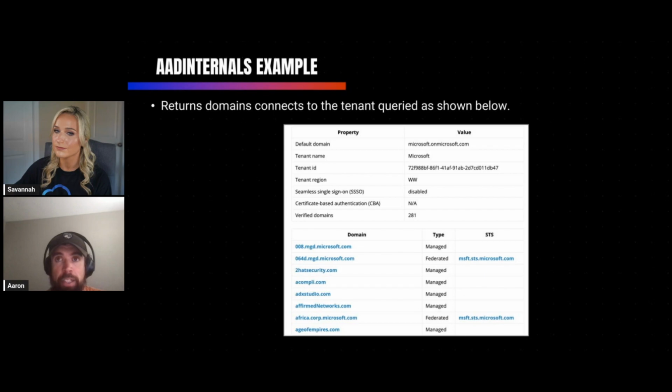The benefit is you'll be able to see if an organization is either managed or hybrid managed in Azure, and you'll also be able to see what other domains are managed under that tenant. So for potentially gaining access to other organizations that may be tied to the same tenant, these are likely associated with the parent company.